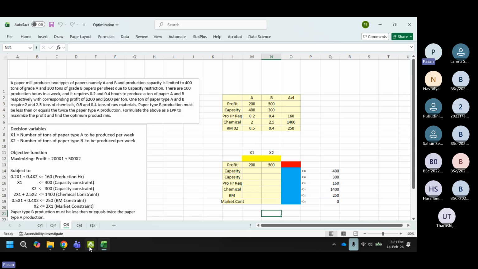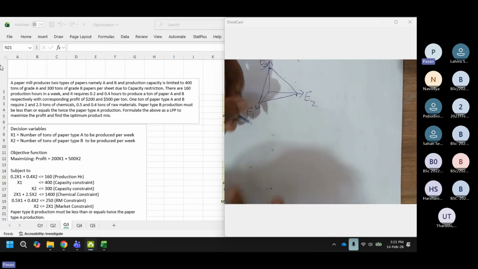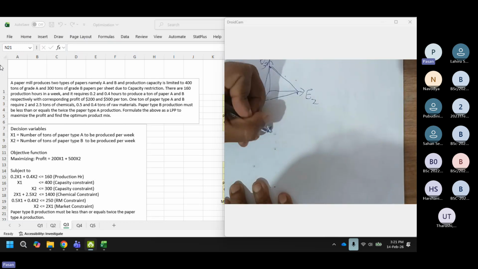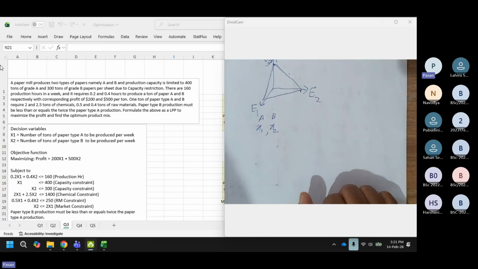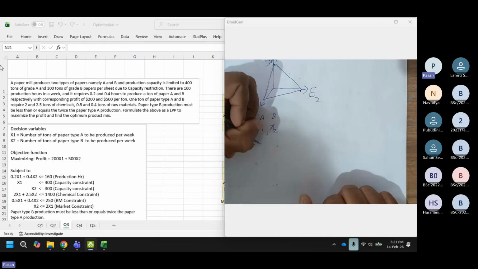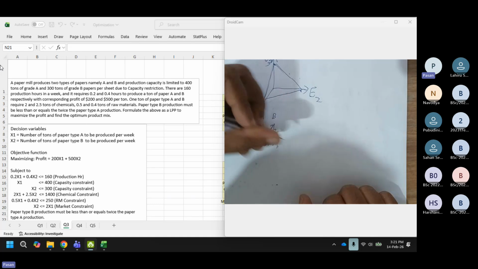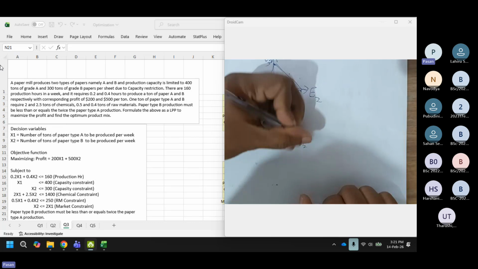So if you think about the situation, I can define x1 and x2 as the number of tons we are producing from A and B. So those are the values there, and then our objective function I can define as 200 times x1 plus 500 times x2.